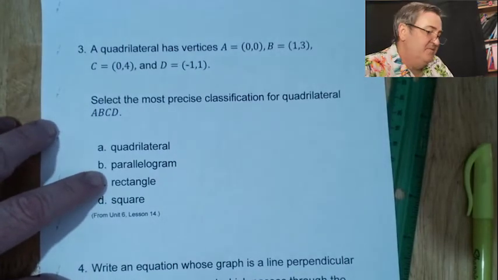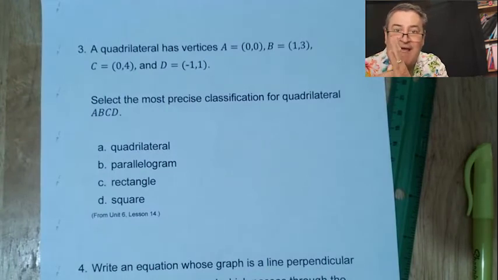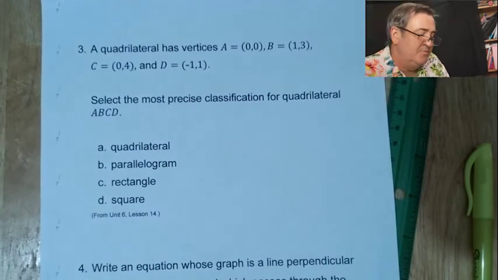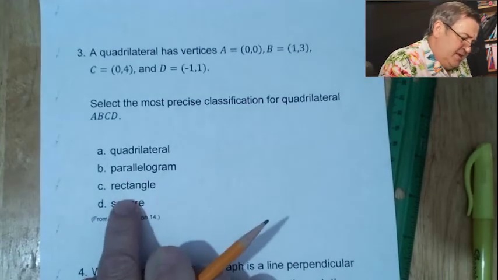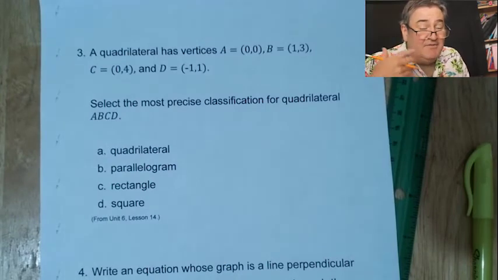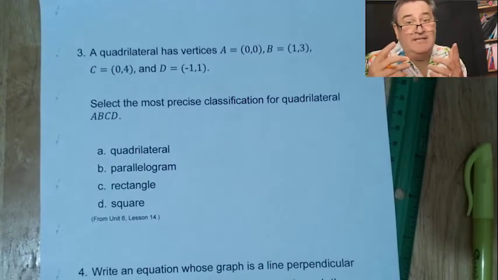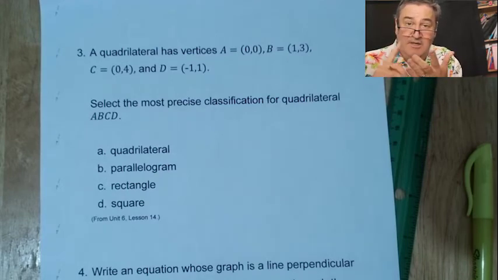If it's a rectangle, then when you find the slopes, they're going to be perpendicular, right? 90-degree angles. So if two of those are perpendicular, the other two have to be. So you say, oh, well, then it's a rectangle if those are perpendicular slopes. But even further, if all the side lengths are exactly the same length, it's a quadrilateral, it's a parallelogram, it's a rectangle, and it's a square.